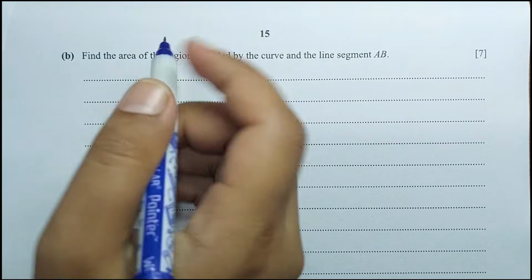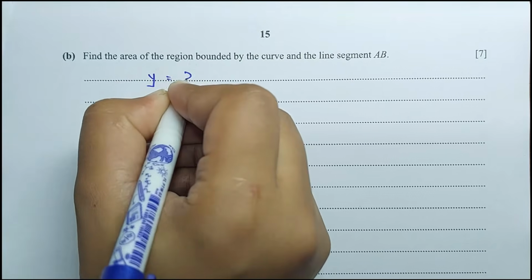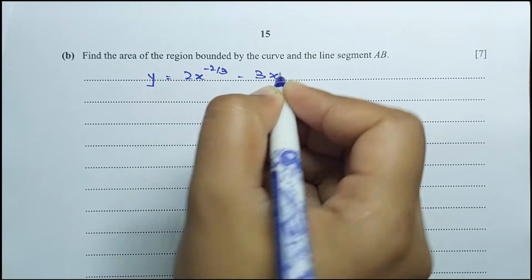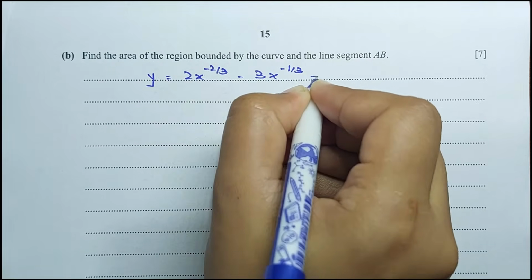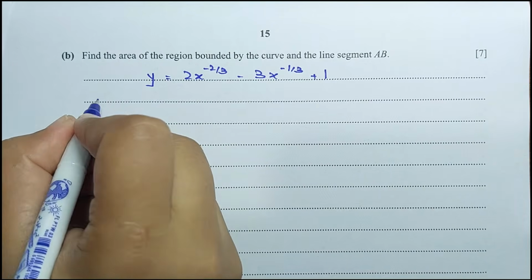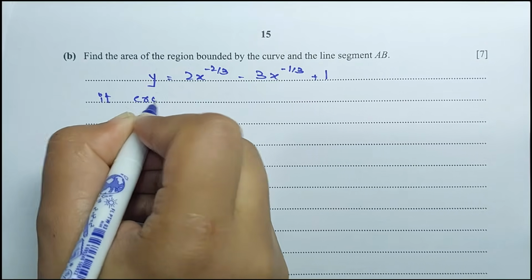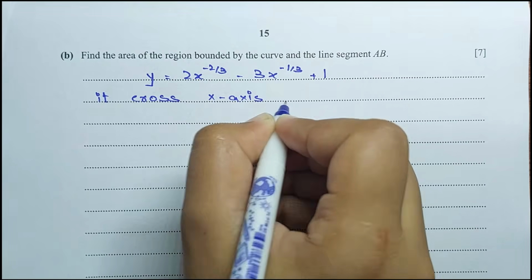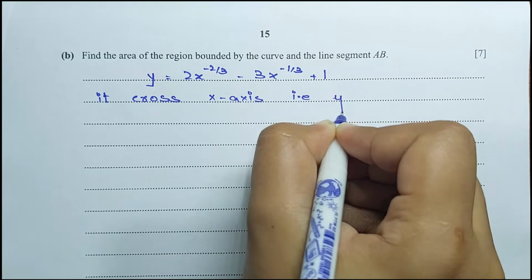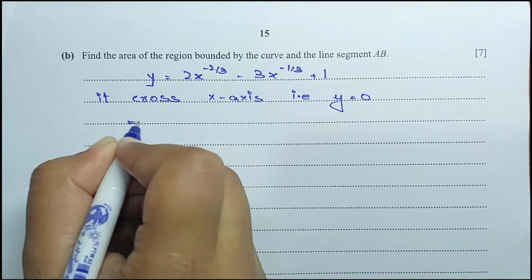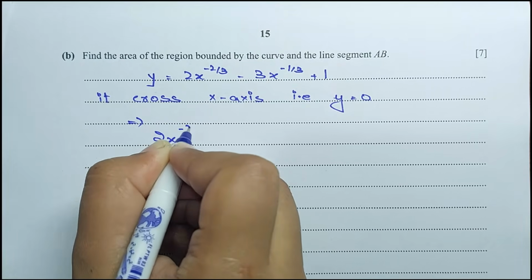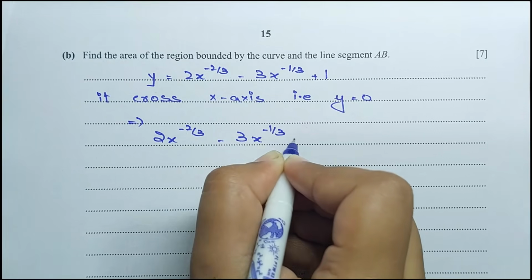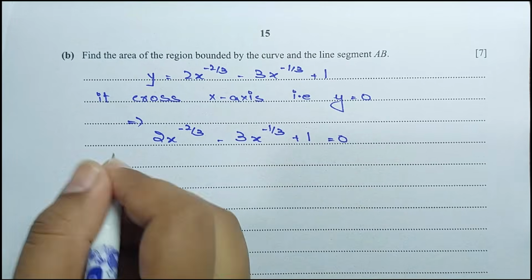So we have the curve which is y equals to 2x to the power minus 2 by 3 minus 3x to the power minus 1 by 3 plus 1, and it crosses the x-axis, it means y component is equals to 0. Y equals to 0. So we can say 2x to the power minus 2 by 3 minus 3x to the power minus 1 by 3 plus 1, this is equals to 0, right?